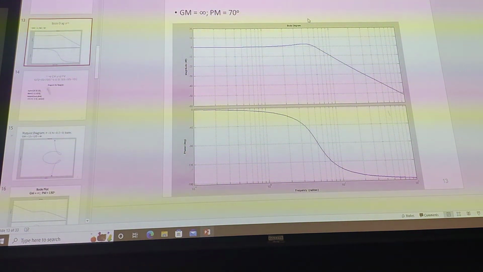But the phase margin is not infinity because of this small curve here, where it cuts. Of course, it is positive before 180, but with a number which is not infinite, which is okay, no problem. The system is stable all the time.